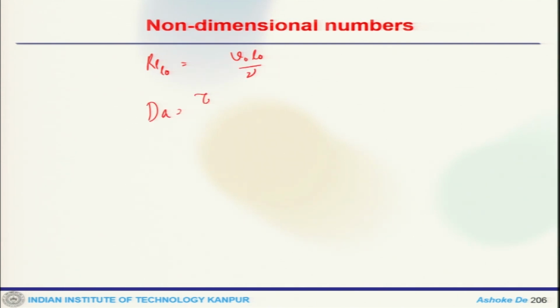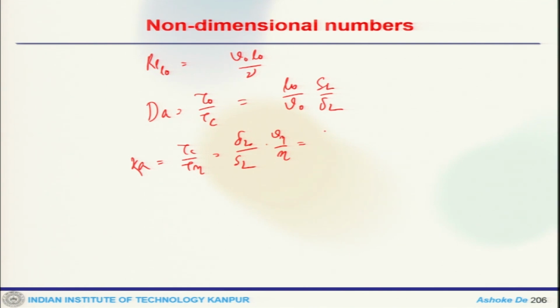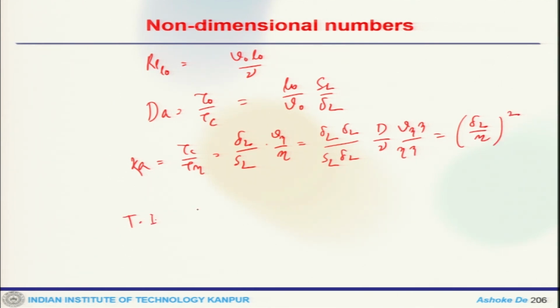The Damköhler number would be tau naught by tau c, which is L naught by V naught times SL by delta L. The Karlovitz number is tau c by tau eta, which is delta L by SL times V eta by eta, which is delta L by eta squared. And the turbulent intensity Ti is V naught by SL.